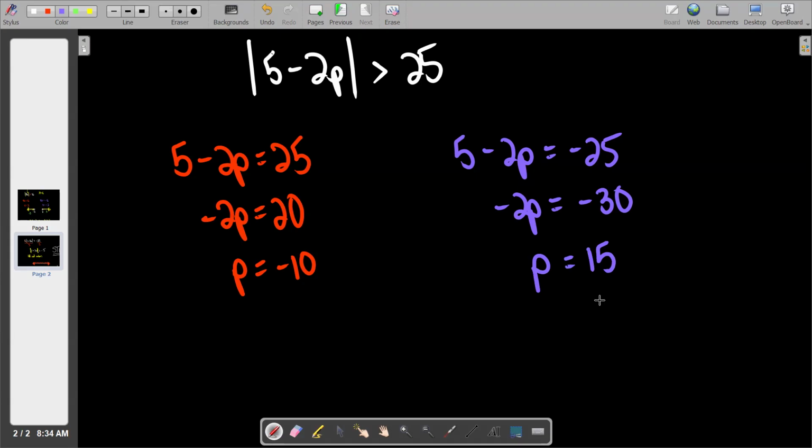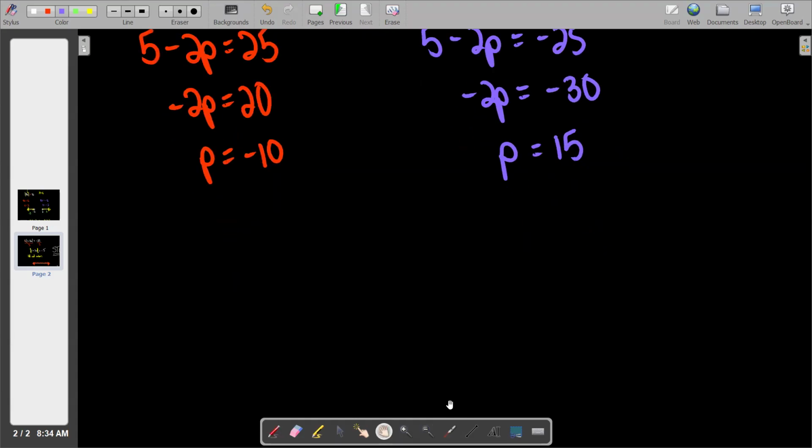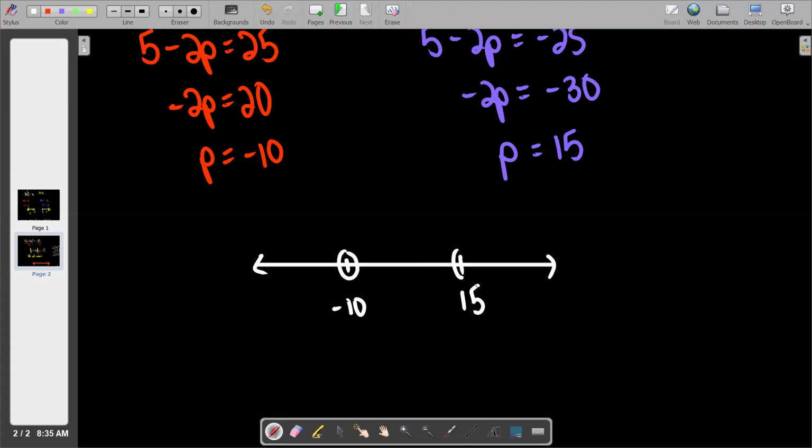I'm just finding my split points. So now I'm going to draw my number line. And on my number line, I'm going to mark my split points. Put them in the correct place. So negative 10, positive 15. This is another one, the 7th one that has no equal sign. So I am going to mark these as open.